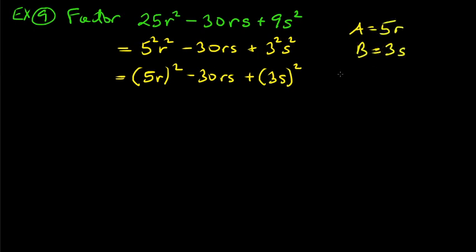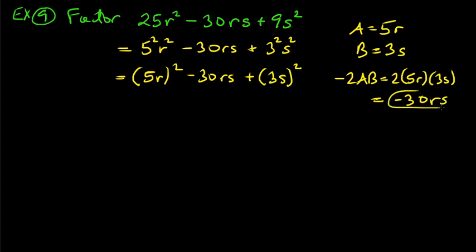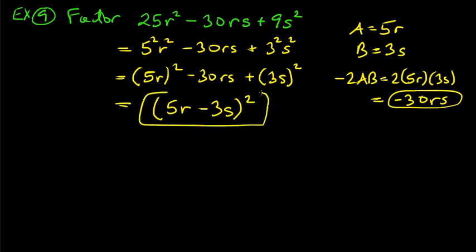Okay, so we get minus 2ab, because it is a negative sign here, is negative 2 times 5r times 3s. And when you multiply that out, you do get negative 30rs. Perfect match. So that just tells me I can factor this as 5r minus 3s squared. And we're done.